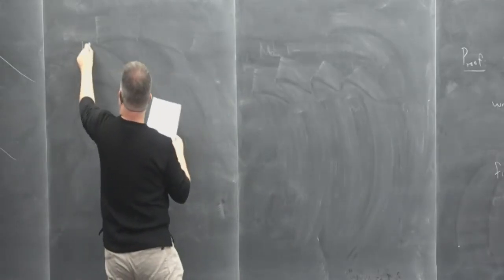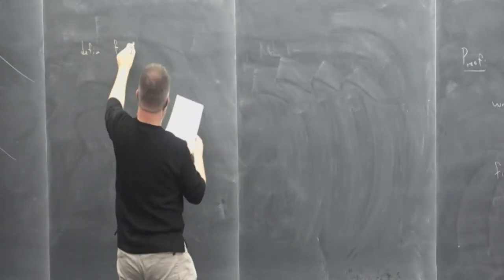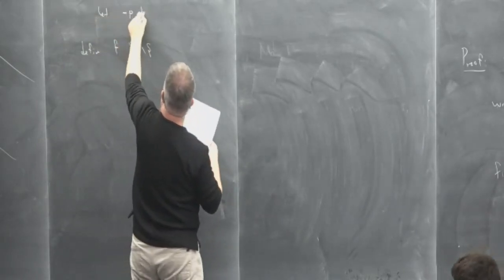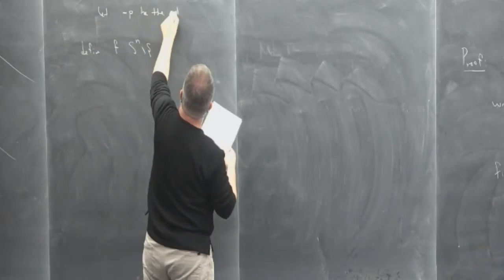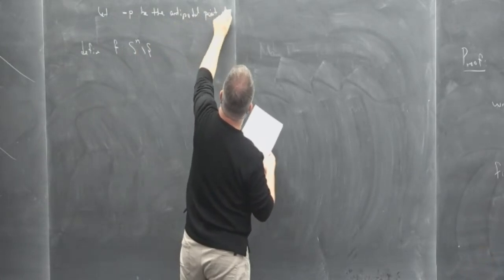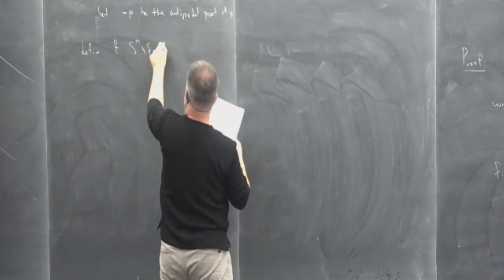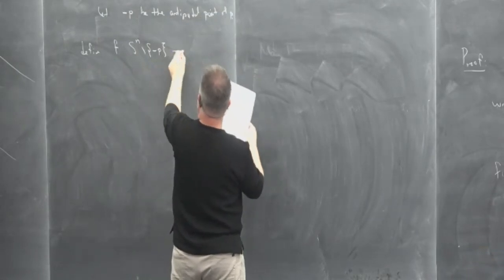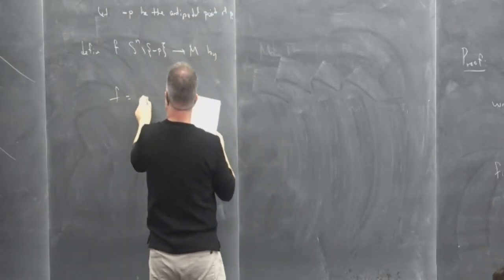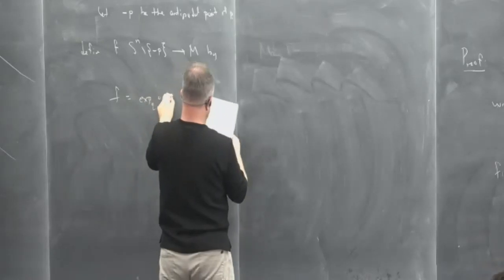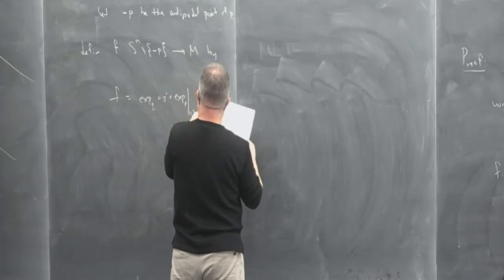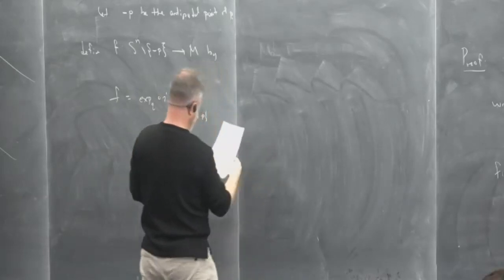Let's define a map F, this time from S^n minus, let's let minus P be the antipodal point of P. So from S^n minus the antipodal point of P to M by F is x_Q composed with I composed with x_P restricted to S^n minus the antipodal point, inverse.